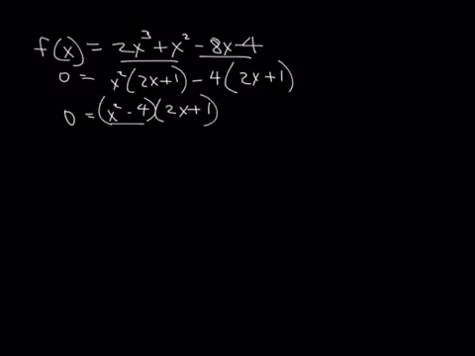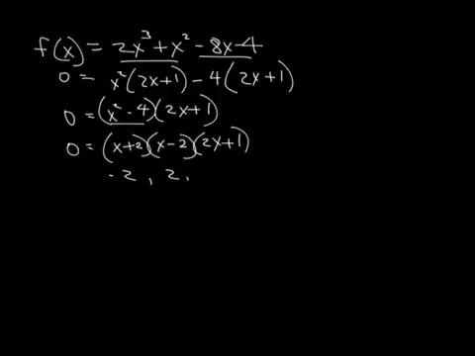And then again, we have to make it into linear factors. Can't have any exponents on our final answer. So what does that tell me? 3 answers, 3 up there. So my answers are going to be negative 2, 2, and negative 1/2.